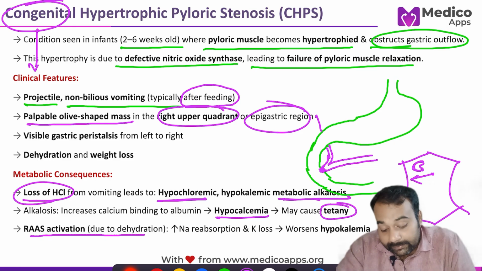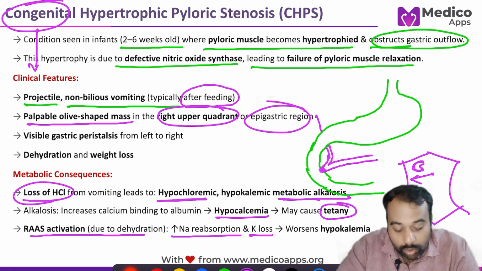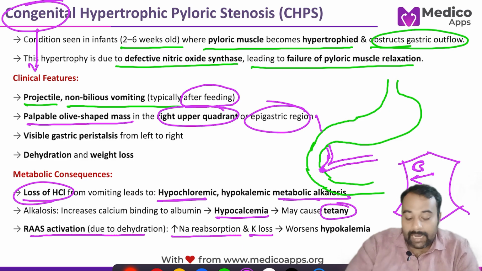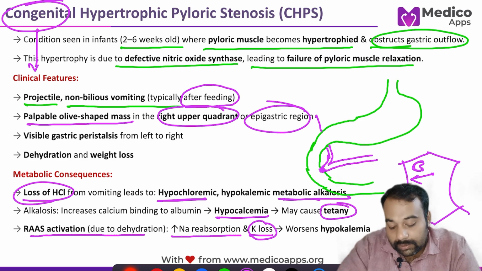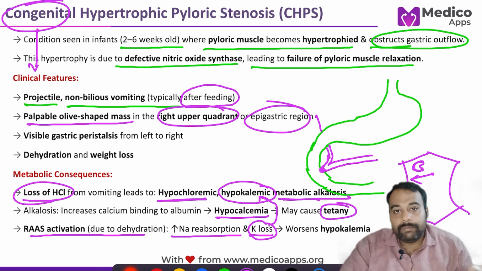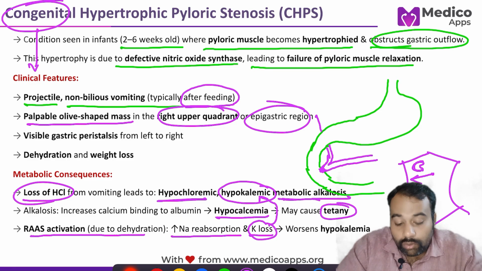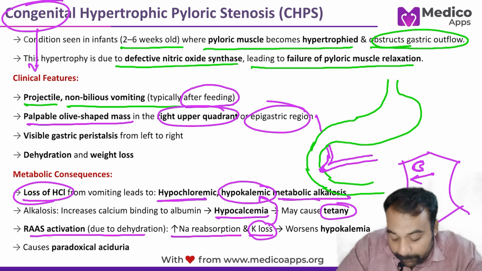As a result there is excessive sodium reabsorption and excessive potassium loss, reflected as hypokalemia. The patient will also present with features of hypokalemia, and that hypokalemia again worsens the vomiting, the dehydration and the overall general status of the patient.